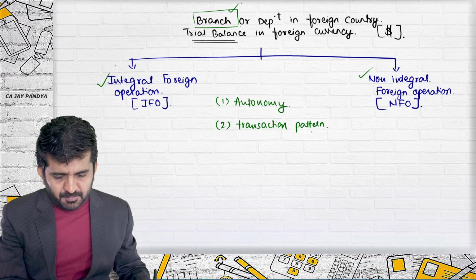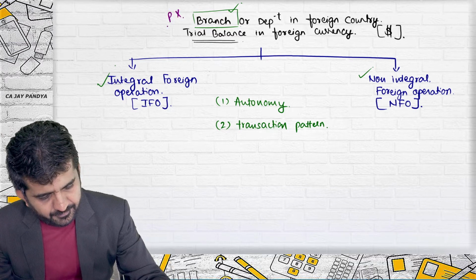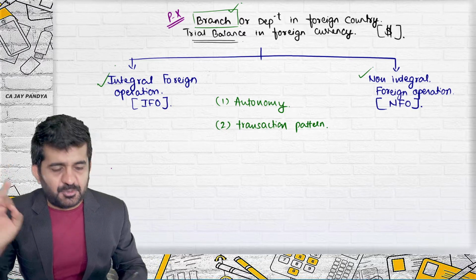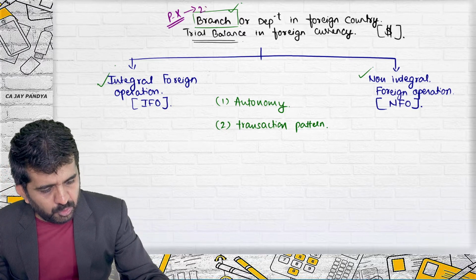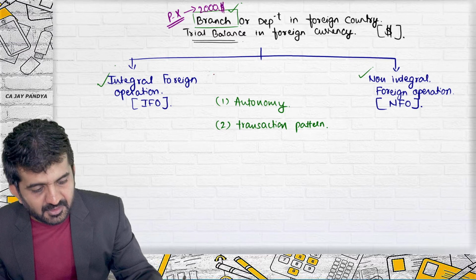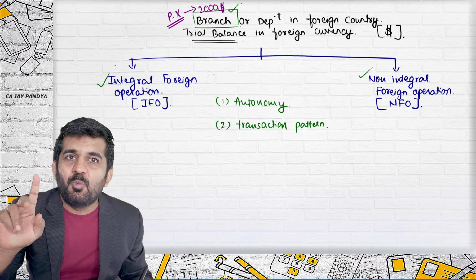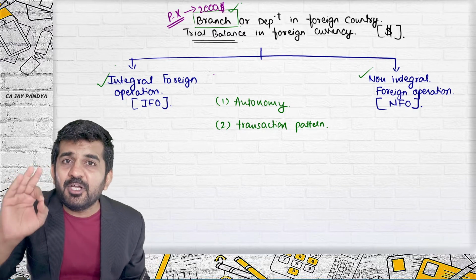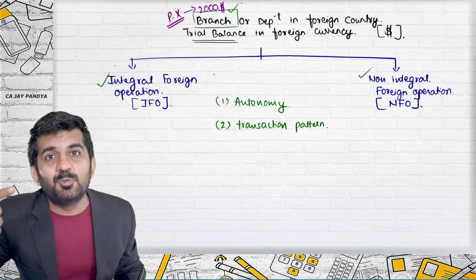Say this branch is manufacturing product X. The product X is priced at $2,000. Try to understand, whatever the exchange rate, we are not concerned. It is priced at $2,000.